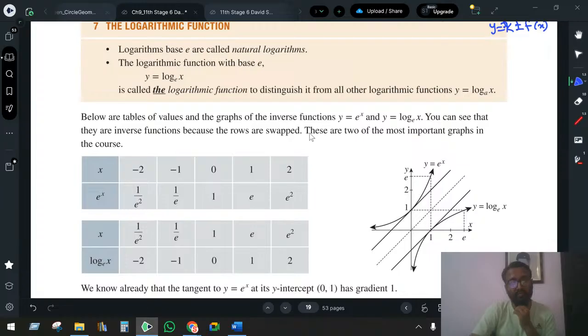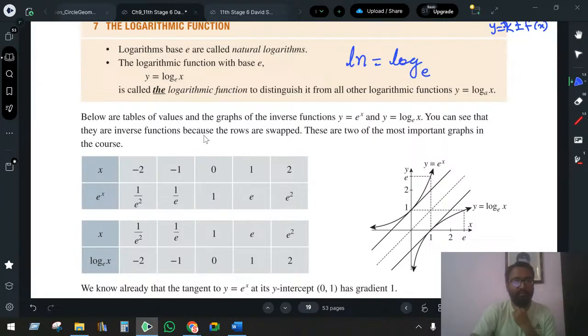In calculators, you can see ln, natural logarithm, and ln means log base e.